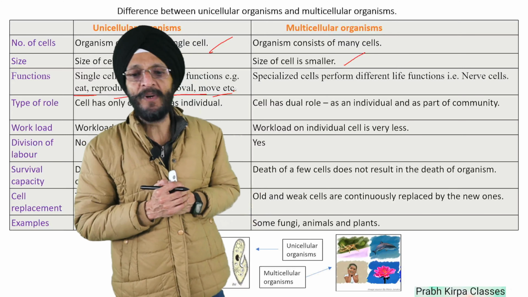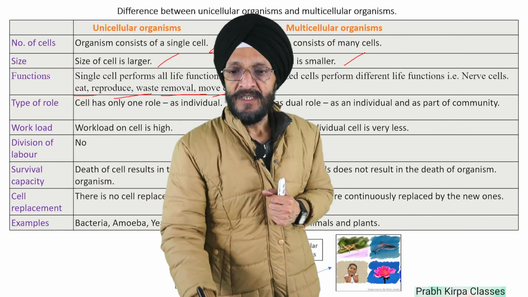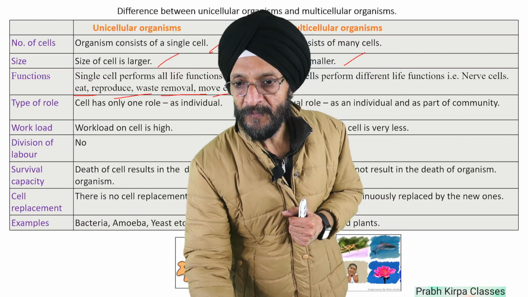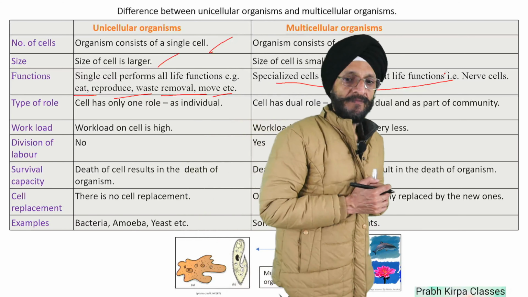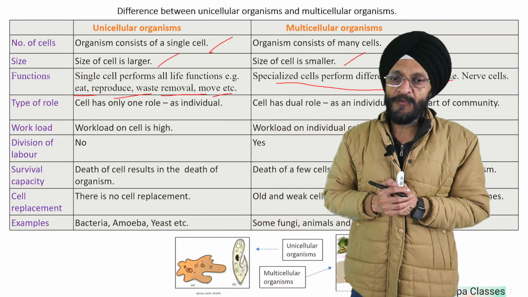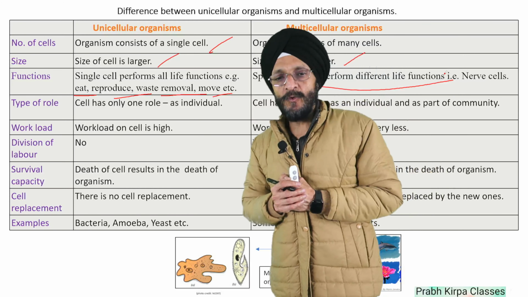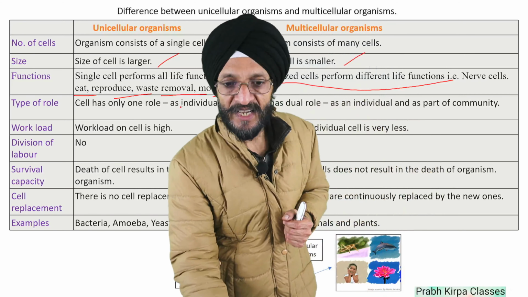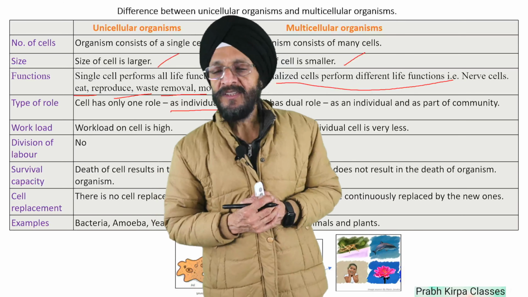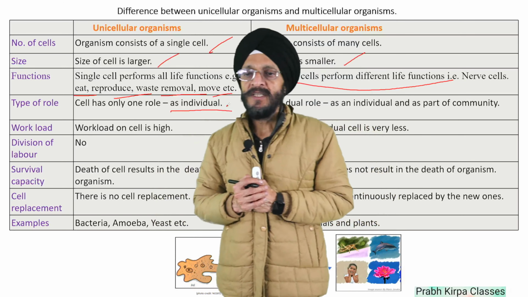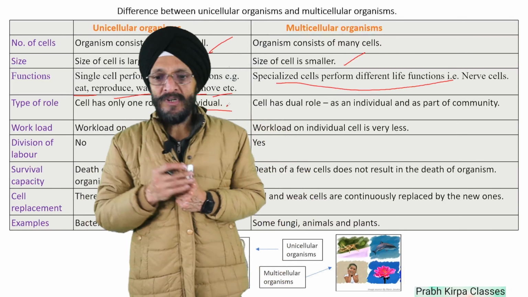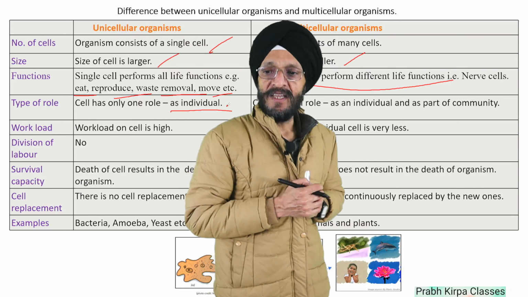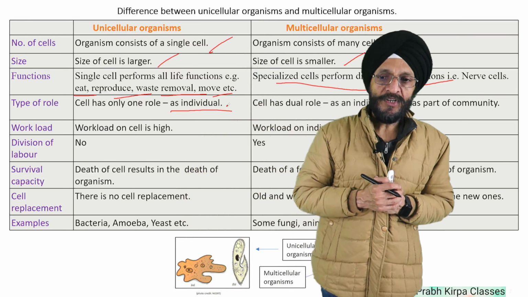Whereas in the case of multicellular organisms, specialized cells perform different life functions. For example, nerve cells. Next is type of role. Cell has only one role, that is as an individual. In the case of multicellular organism, cell has dual role, as an individual and as well as part of the community.